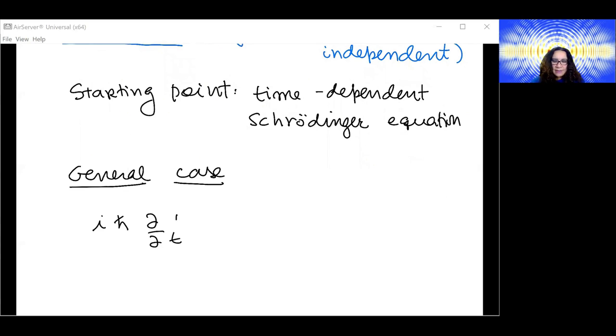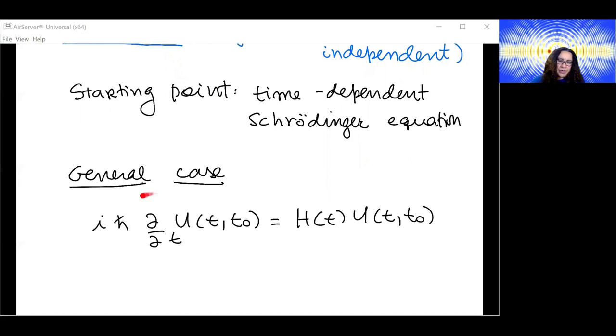And we have seen that the time evolution operator has to satisfy the Schrödinger equation. So you have something like that. Here you have the time derivative of this operator, and here on the right hand side you have the Hamiltonian, which may be time dependent. We don't know.